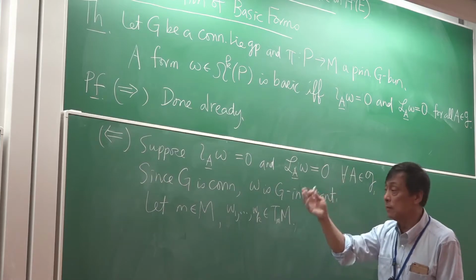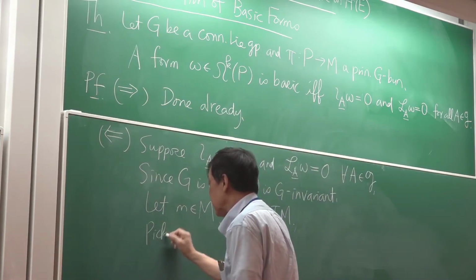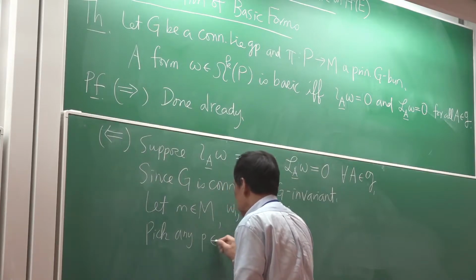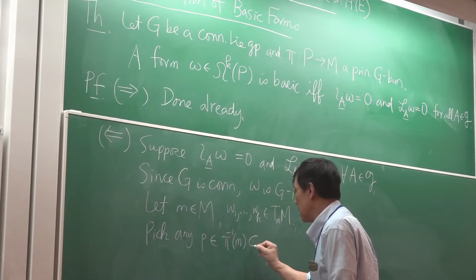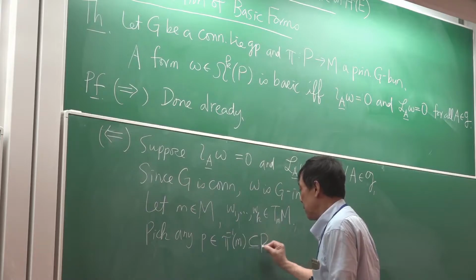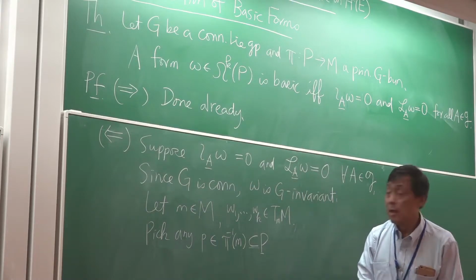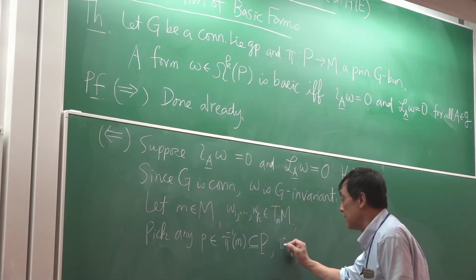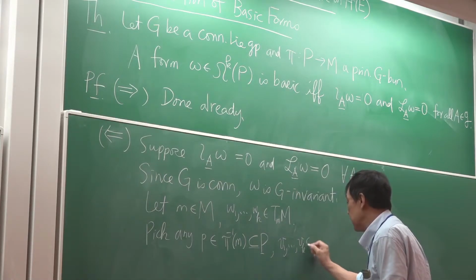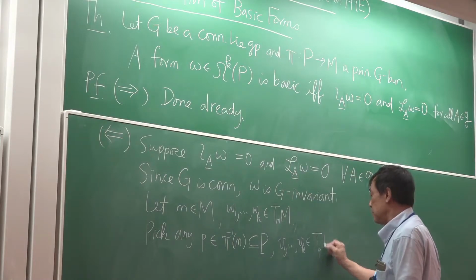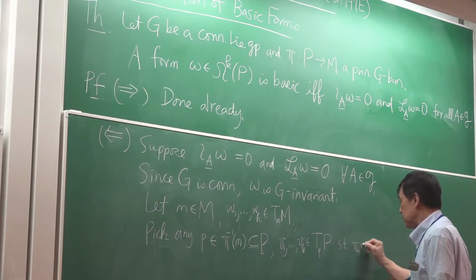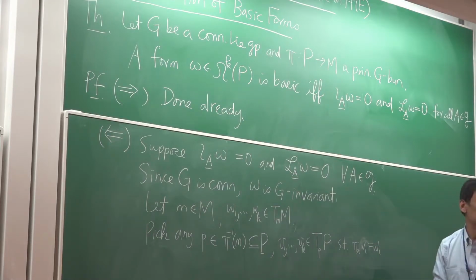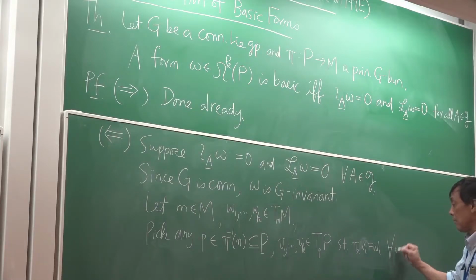And the way we're going to do it is we pick any point P upstairs above M. So pick a point P upstairs, and then pick any k vectors upstairs such that they project down to the W_i, for all i.